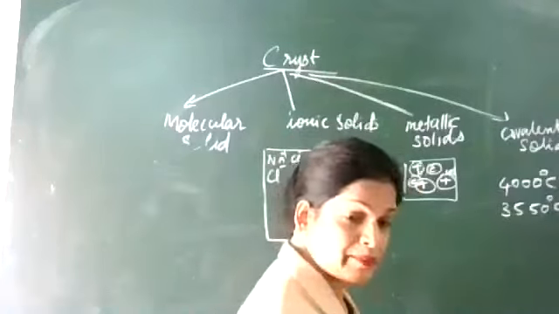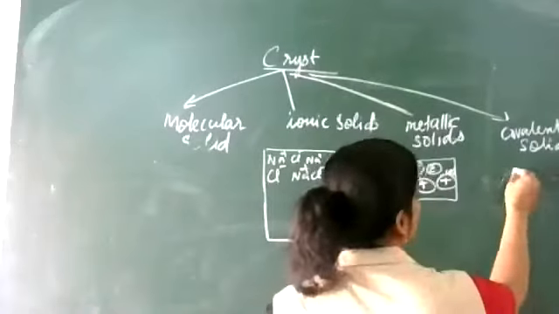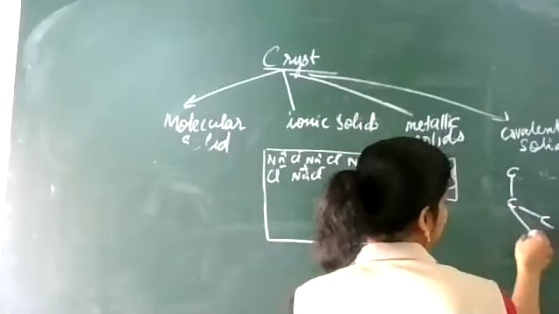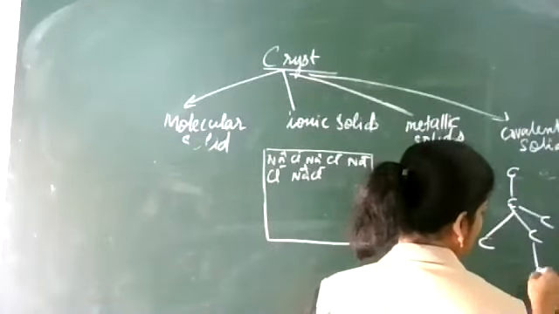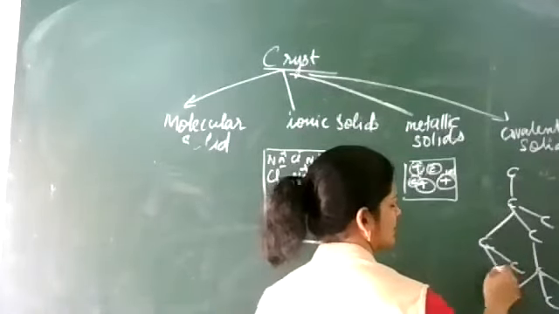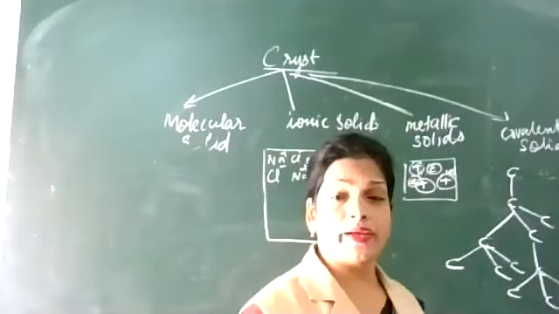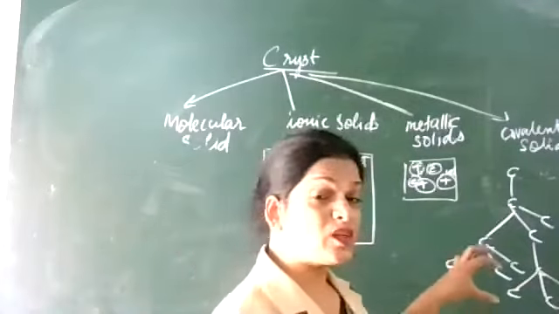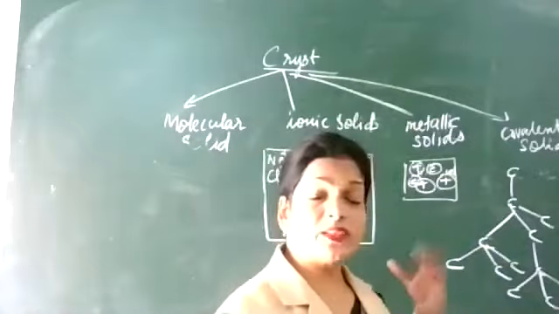In the case of diamond, carbon, carbon, carbon. Let us suppose so many carbon atoms are joined by covalent bonds. Diamond has a strong crystal. Melting points are very high.